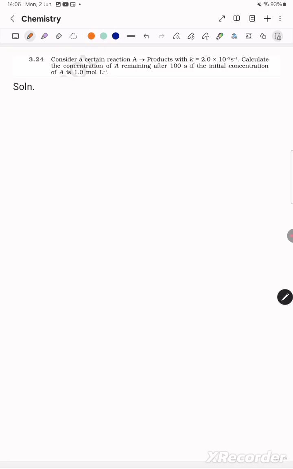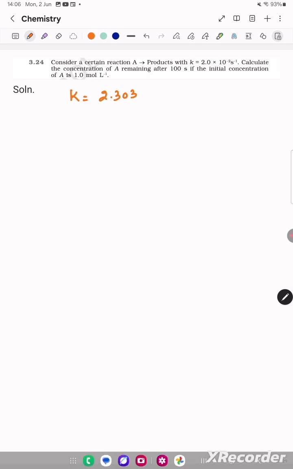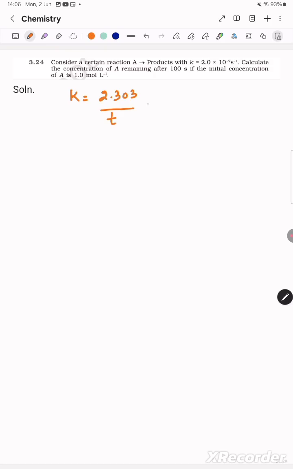So the first order reaction formula, we know that K is equal to 2.303 divided by t log R naught upon R, the reactant at any time t.